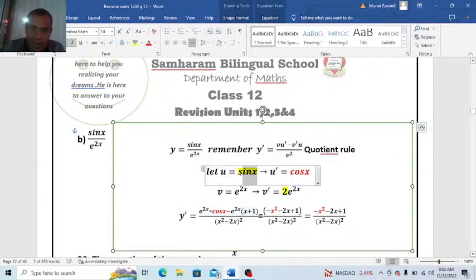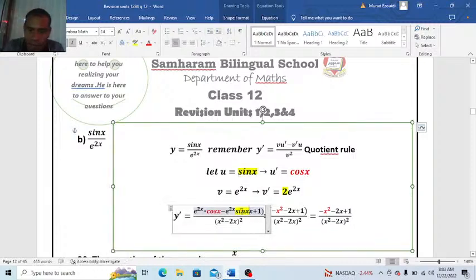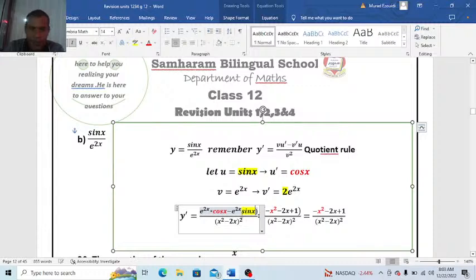All divided by exponential of 2x, all squared.